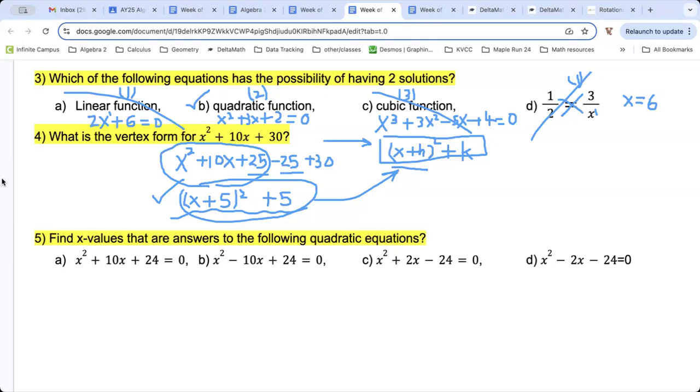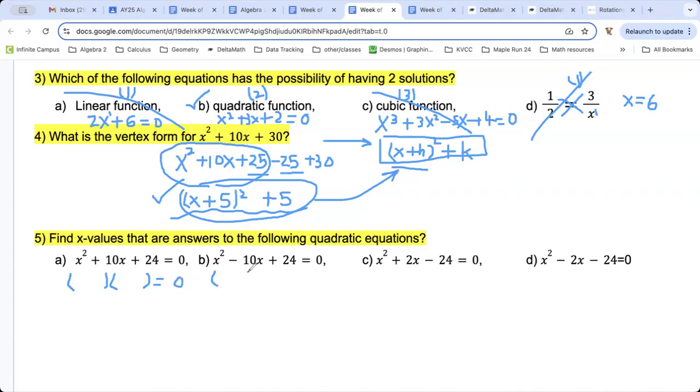So now the last problem, number 5, find x values that are answers to the following quadratic equations. So basically, this will test your knowledge on how to factor it completely, okay? So if you can factor it, that's the quickest way.